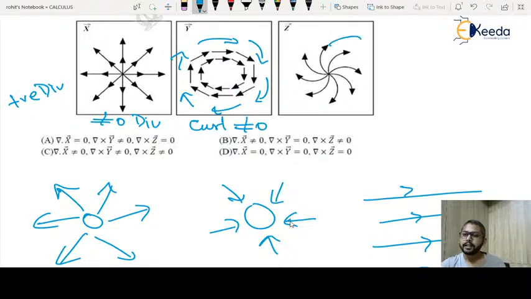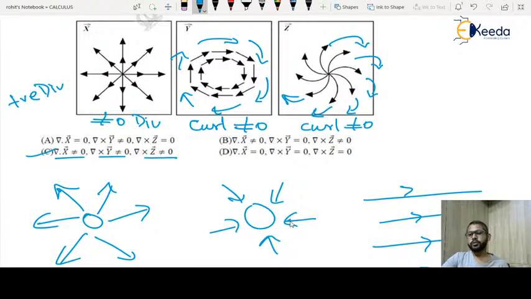And similarly, you can see in this case also, there is a rotational movement, right? So for this case also, the curl should be non-zero. So overall, divergence non-zero and curl non-zero is the combination you have to select. So it is option C, right? Option C is the answer here. I think this will be enough.